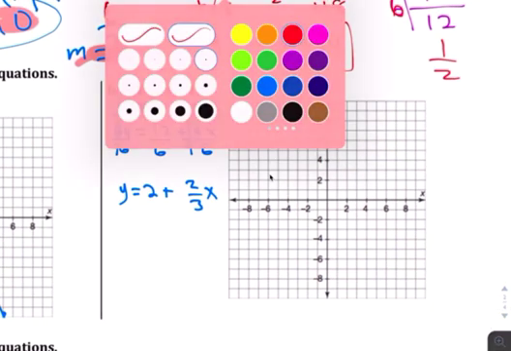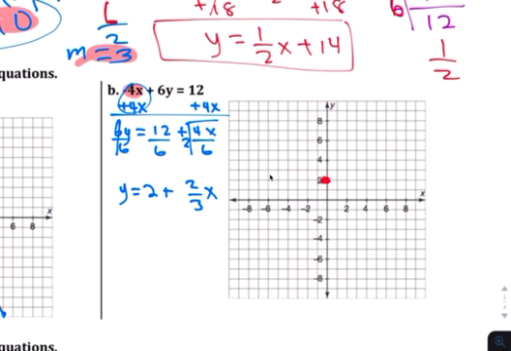Starts at 2, go up 2, right 3. And go the other way. Connect the dots. There it goes.